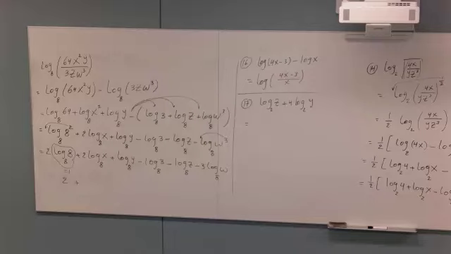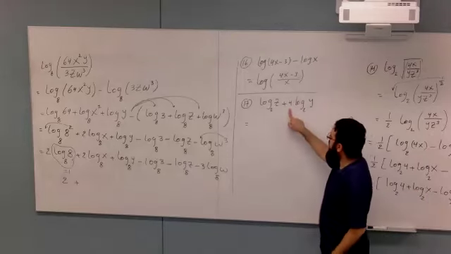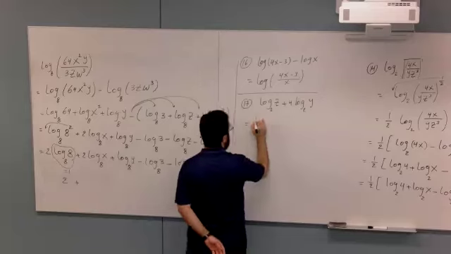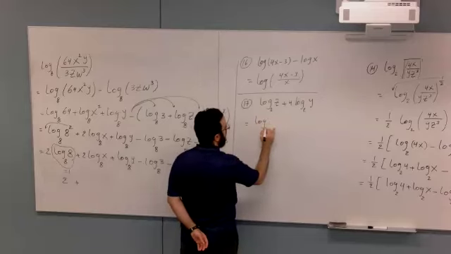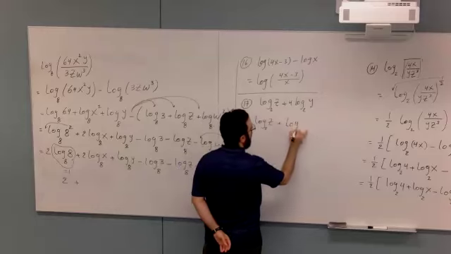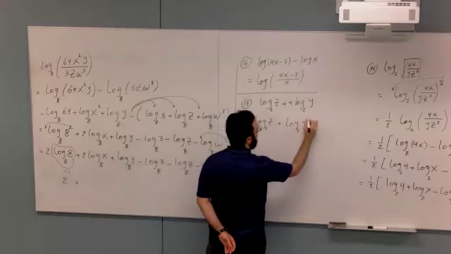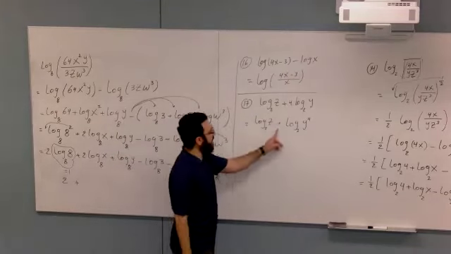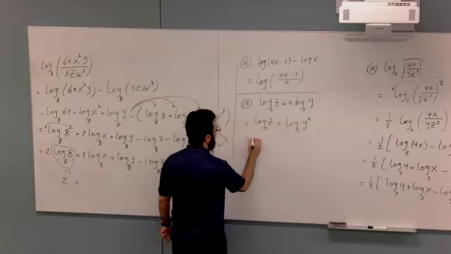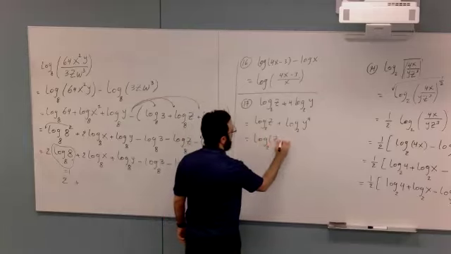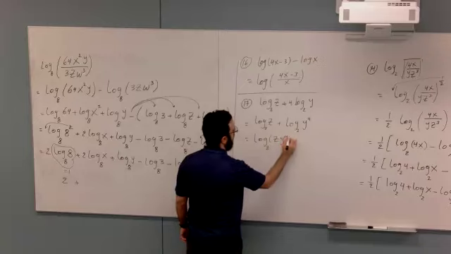Before that, every number in the front becomes what? Exponents. So the next step is log to the base 2 of z plus log to the base 2 of y to the power 4. Now, if I have a plus between two logs, it's going to be what? Multiplication. So z y to the power 4.